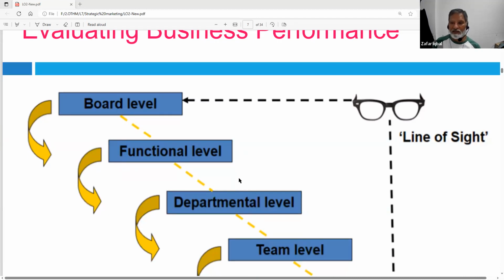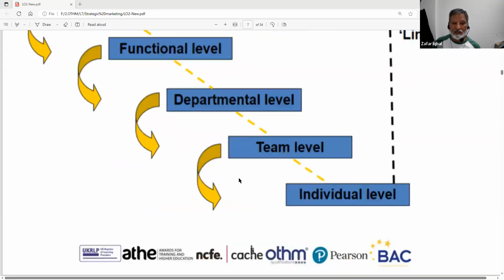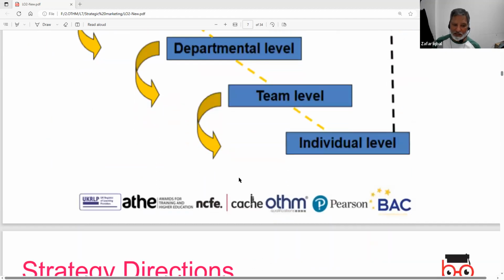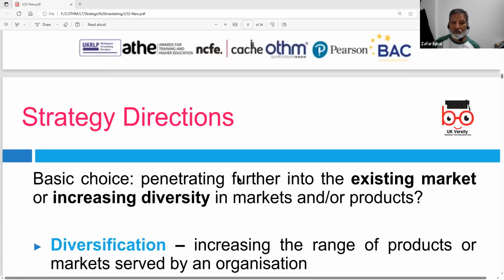There is a line of sight. They're overseeing these targets. They're looking at these targets, and then you review them. You change them. You adjust them, and then on your capabilities, you move on to the next bit. Okay, and your next bit is you look at the strategic direction, which direction you are going to go for.